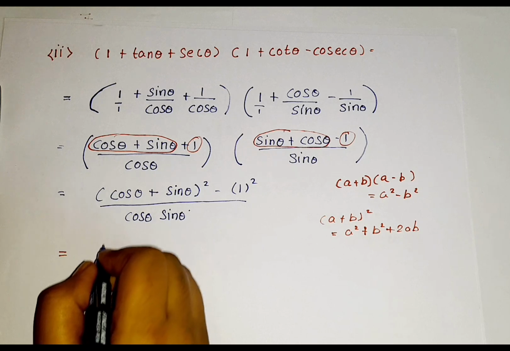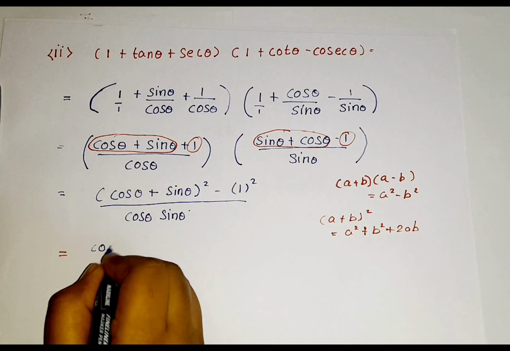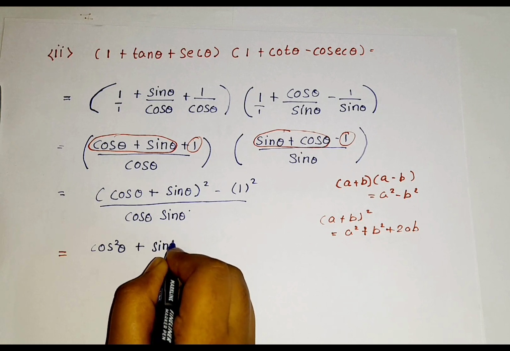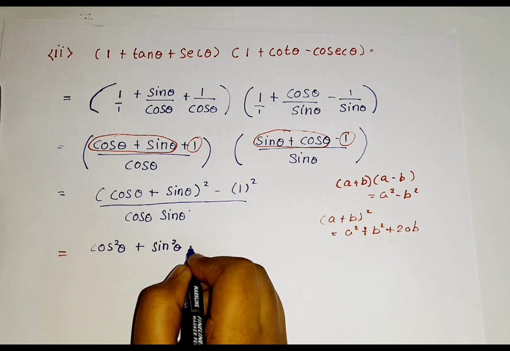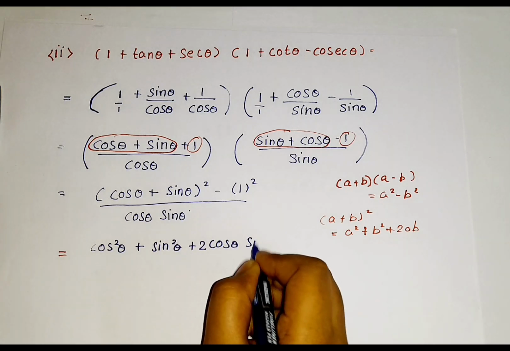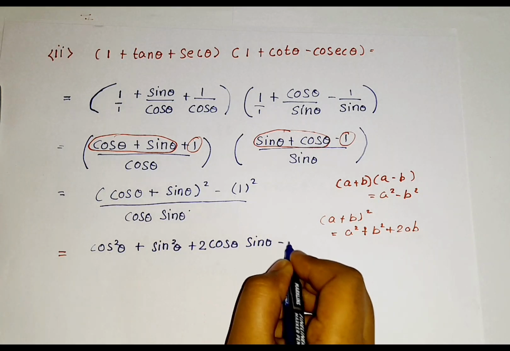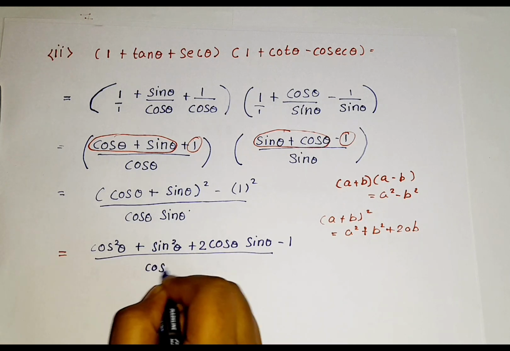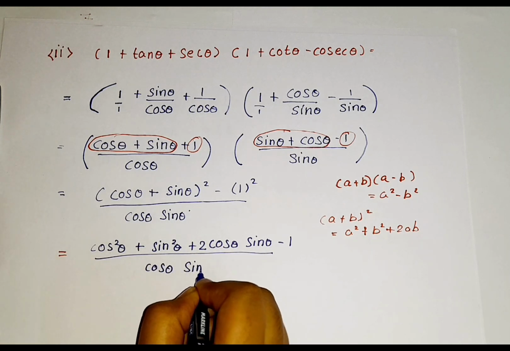Alright, so cos square theta plus sin square theta plus 2 cos theta sin theta and then minus 1 and then divided by cos theta sin theta.